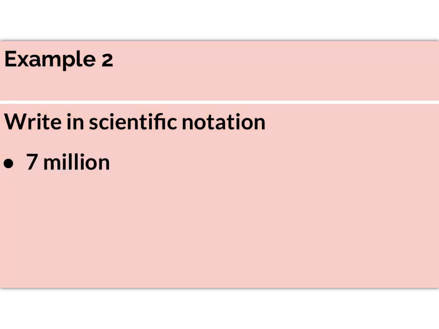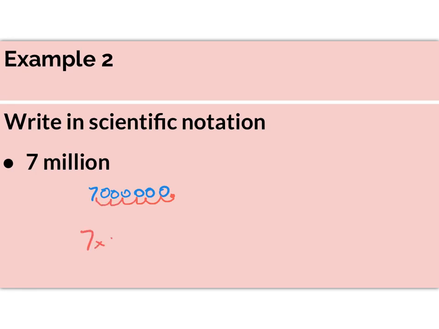Okay, write this in scientific notation. Well, 7 million. 7 million is 7 with 1, 2, 3, 4, 5, 6 zeros behind it. Okay, so let's now write it in scientific notation. So 7 million, I'm going to put a decimal point at the end of it. 1, 2, 3, 4, 5, 6.